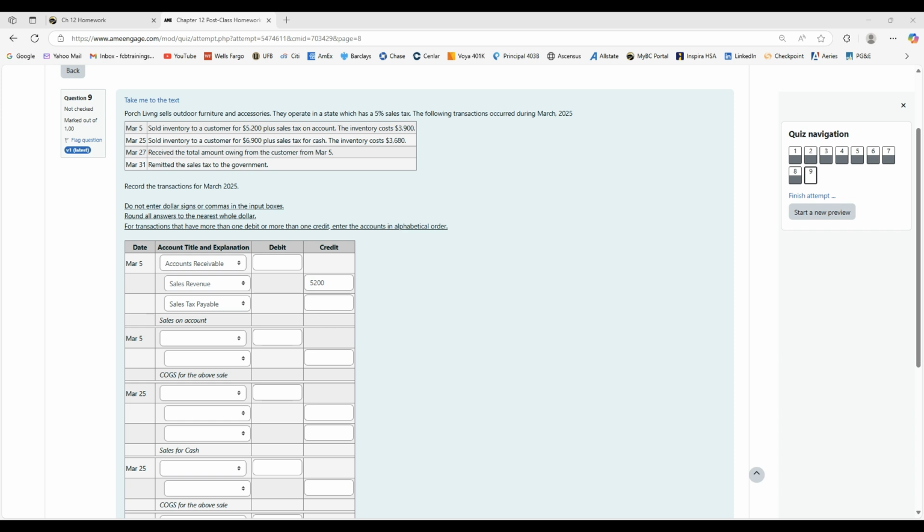Calculations here, and it was 5%. Okay, so then 5,200 times 5% is 260. If you add those together, the total amount is 5,460. The cost of goods sold and the merchandise inventory was 3,900.